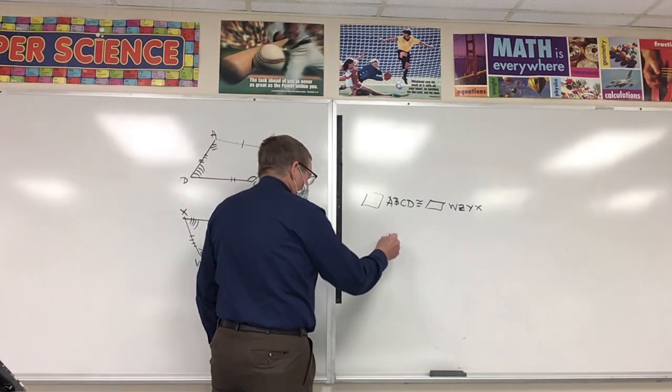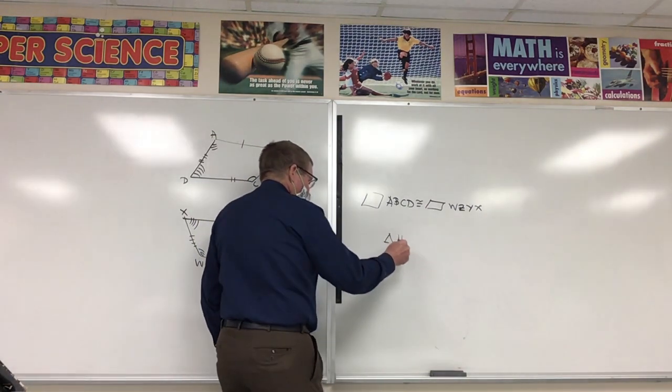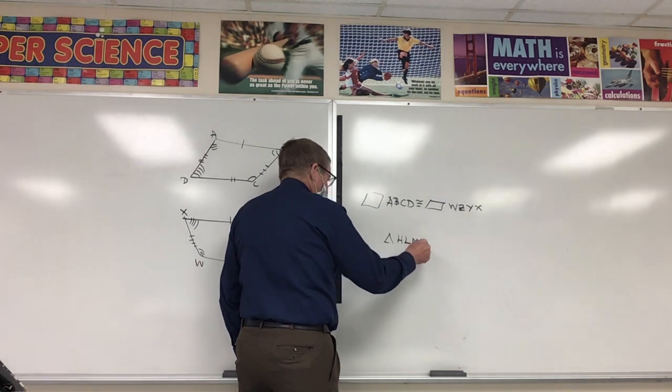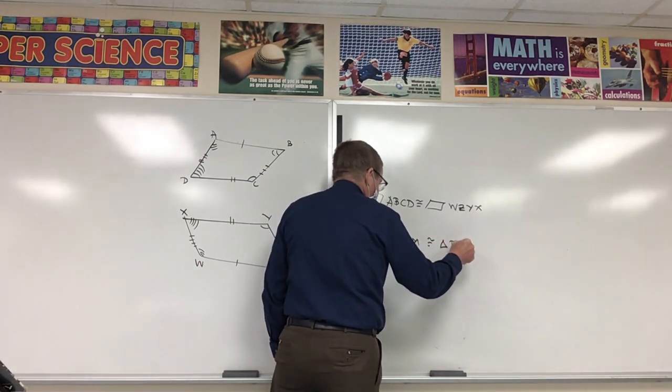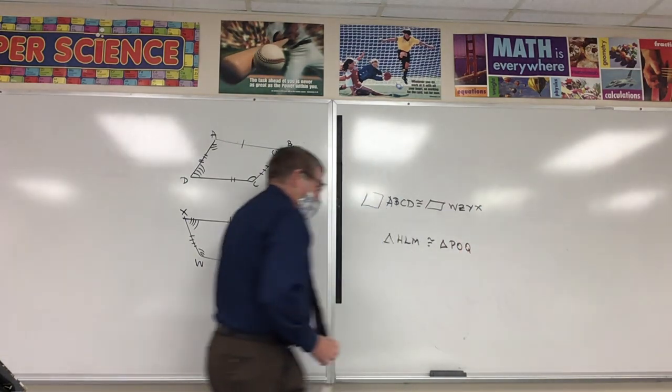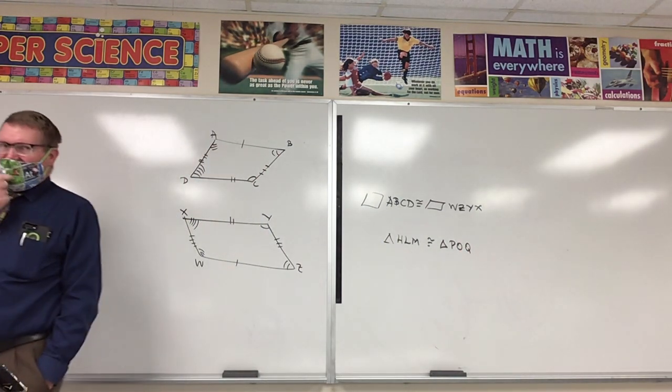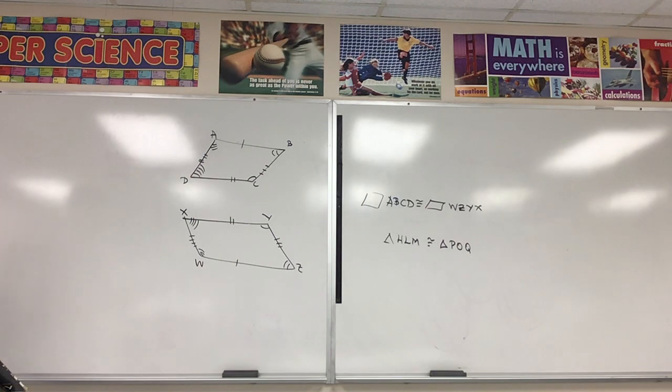Take for instance, if I had a triangle HLM congruent to triangle POQ. My statement says that they are congruent because the definition says corresponding parts are congruent.